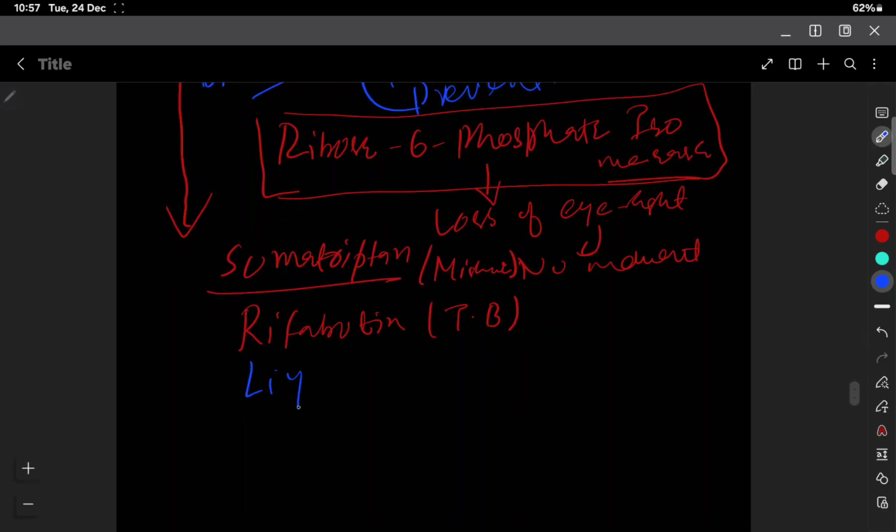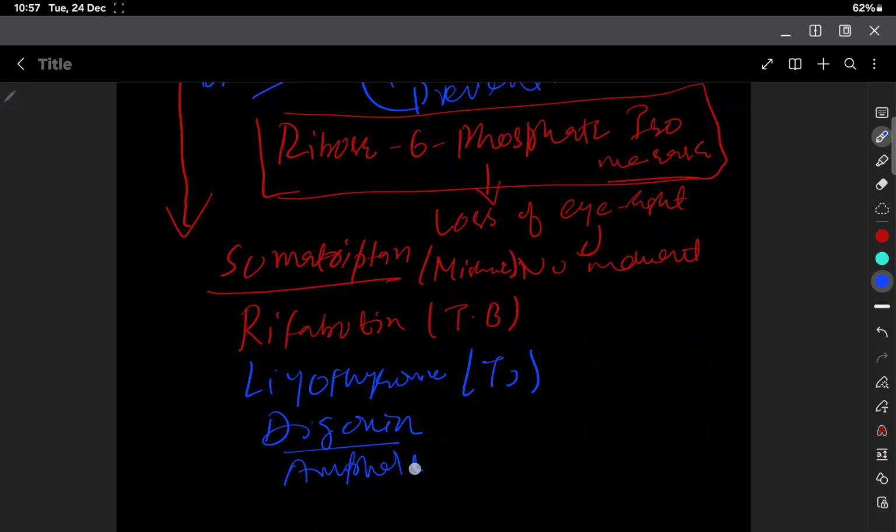Liothyronine, which is used where there is deficiency of T3. Digoxin, for the cardiovascular system. Amphotericin B, which is antifungal. And nitrates.